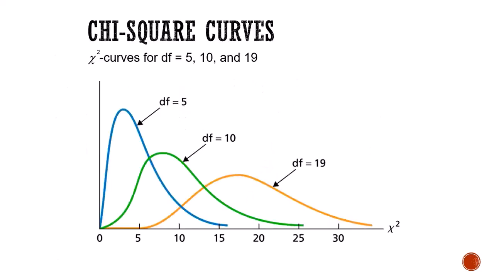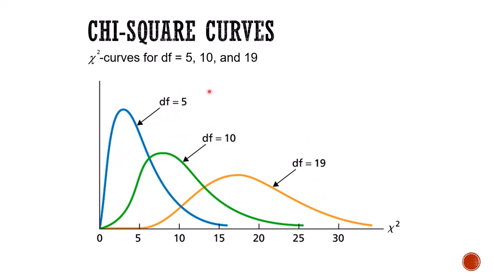Okay. Now this is what the chi-squared curve looks like. You have here three different curves, a blue one, a green one, and an orange one. And each of these curves has degrees of freedom associated with them.